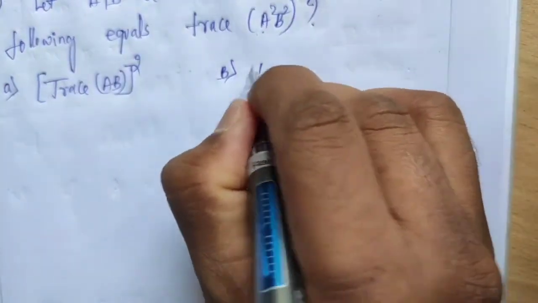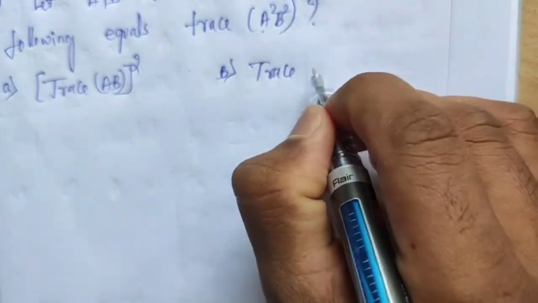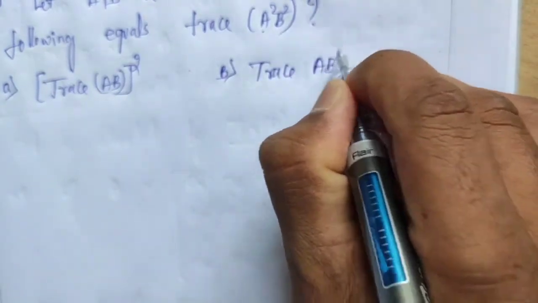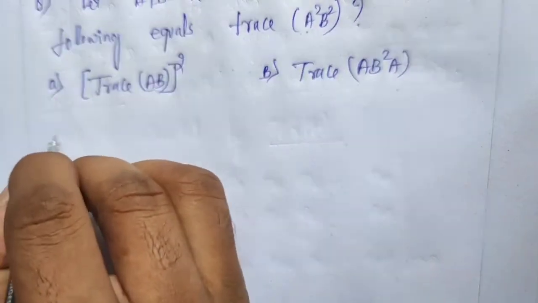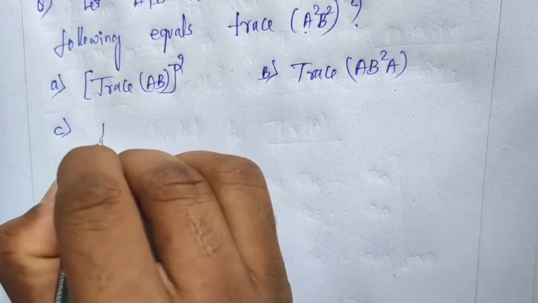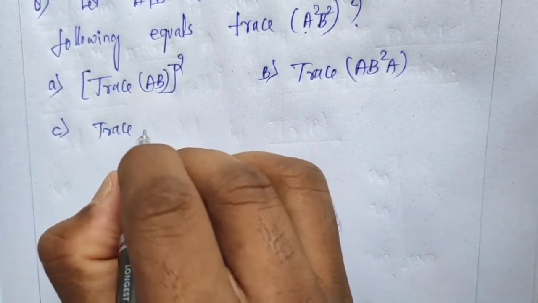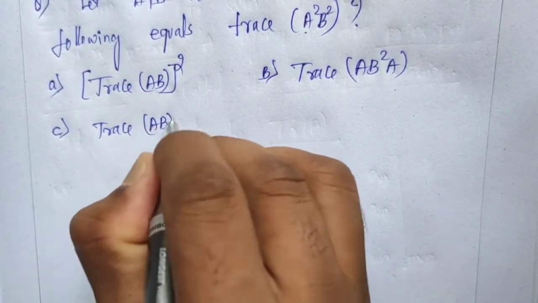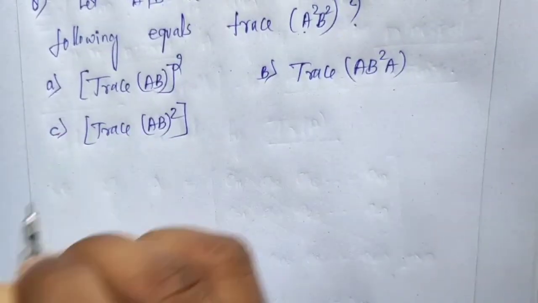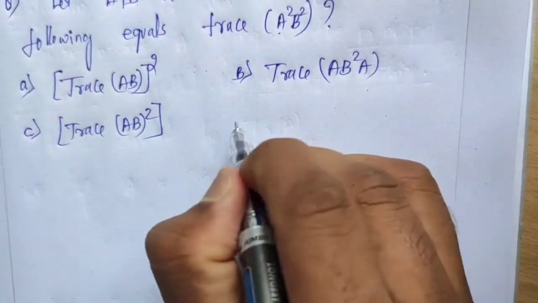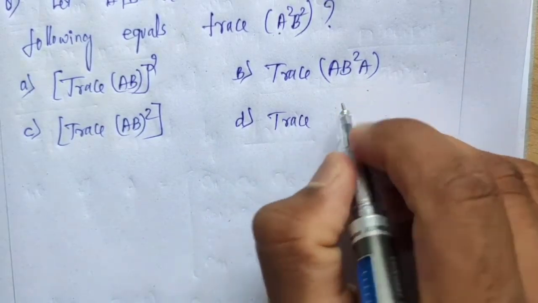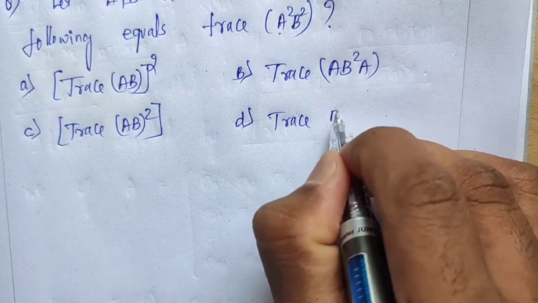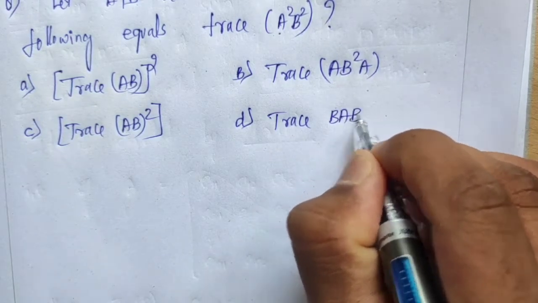Option B, trace of A times B square times A. Option C, trace of AB whole square. Option D, trace of BA times BA.